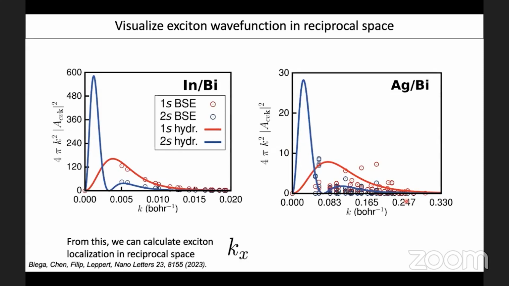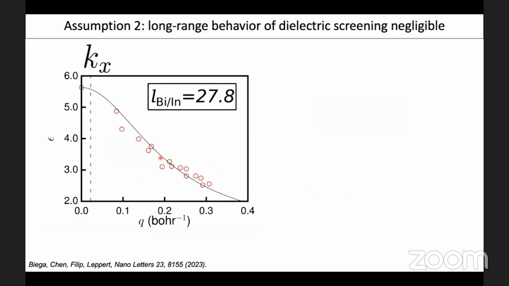We can calculate this exciton extent, and then we can connect it to the long-range behavior of the dielectric screening. So what you see here is basically the head of the dielectric matrix as a function of distance in reciprocal space. And you basically see this Kx, this is our exciton extent, is basically very close to 0.